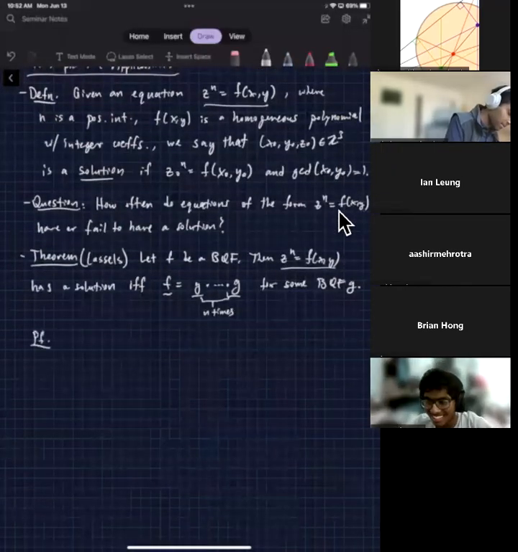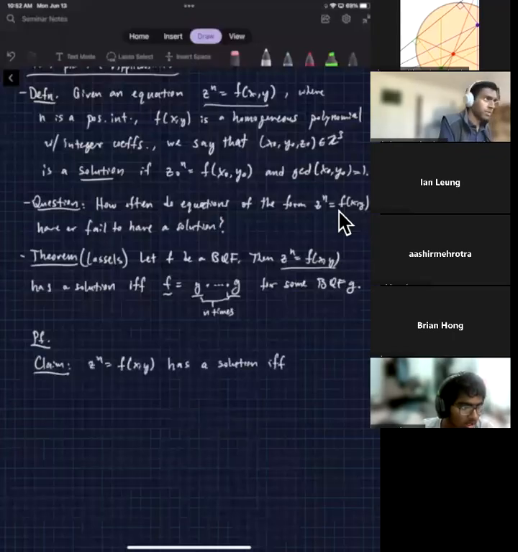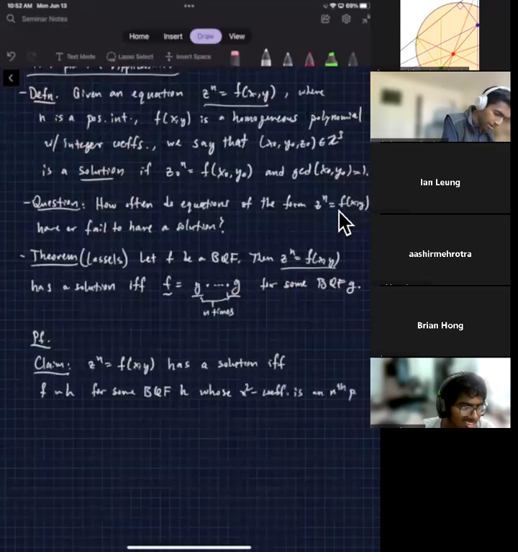So the proof starts with a claim, which is that the equation z to the n equals f of x, y has a solution if and only if f is equivalent to some BQF h whose x squared coefficient is an nth power.